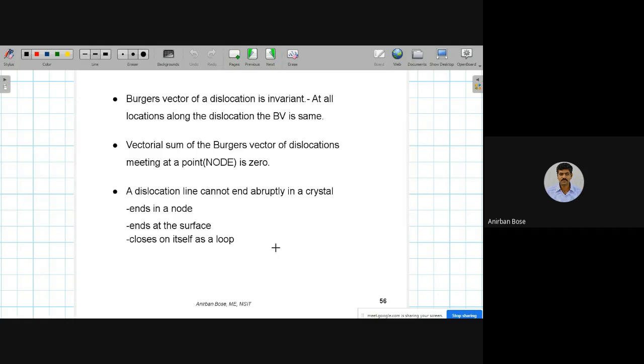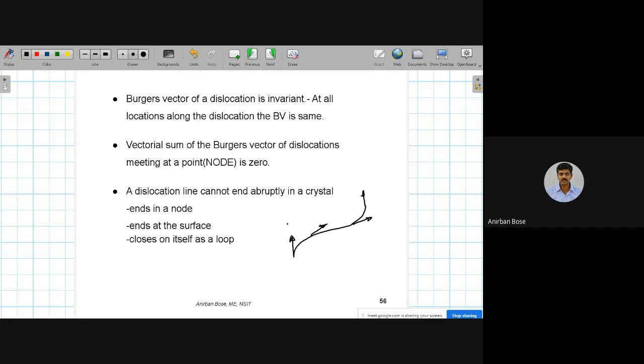You have seen that if there is a mixed dislocation like this, suppose within a crystal a mixed dislocation is like this, and you know that we can define the dislocation line vector as the tangent at different locations. I am showing the dislocation line vectors.